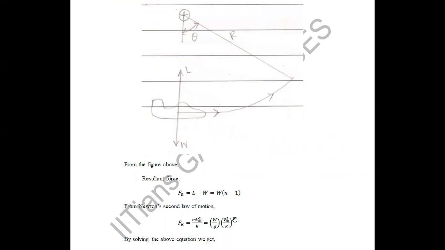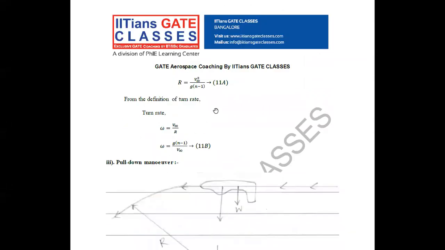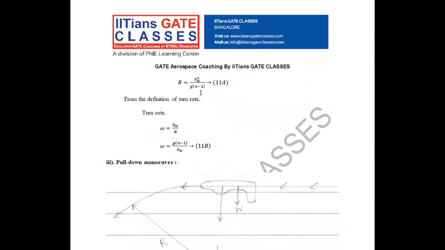From Newton's second law of motion, the resultant force equals mass into radial or centripetal acceleration. That is equal to mass into V squared by R. Mass can be rewritten as W by g, weight divided by acceleration due to gravity, into V squared by R. By equating these two equations, my turn radius becomes V squared by g into n minus 1.